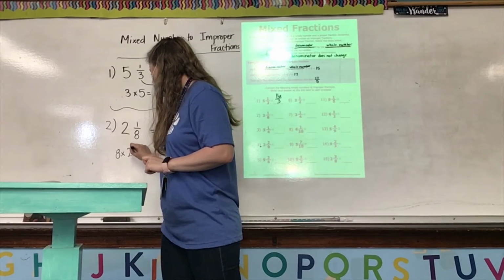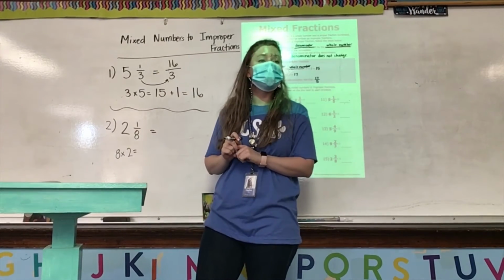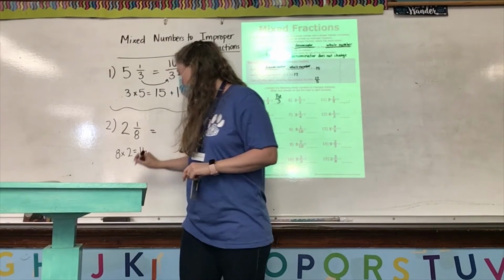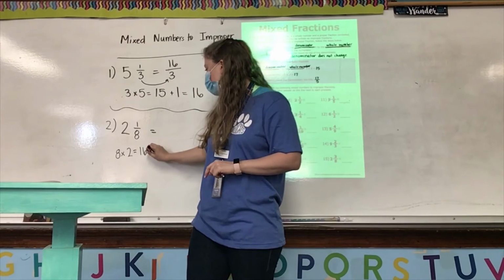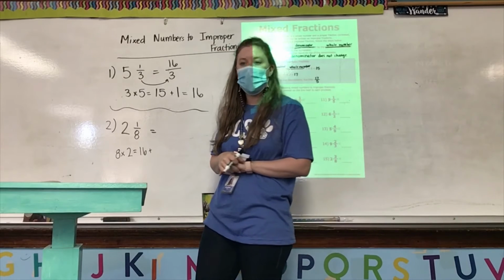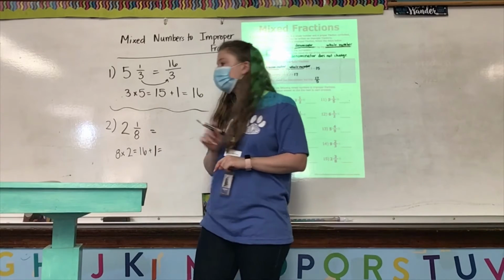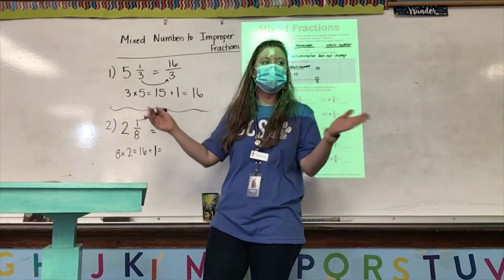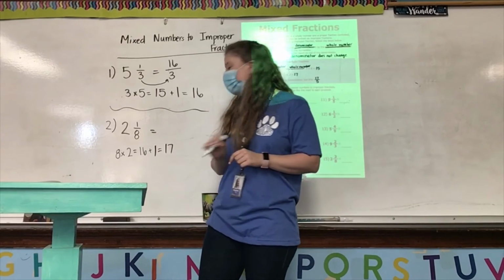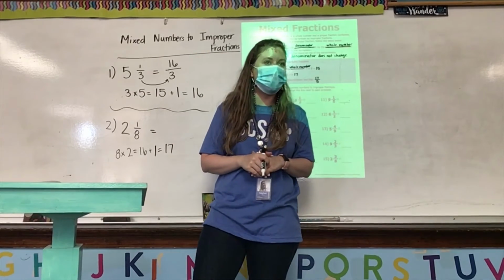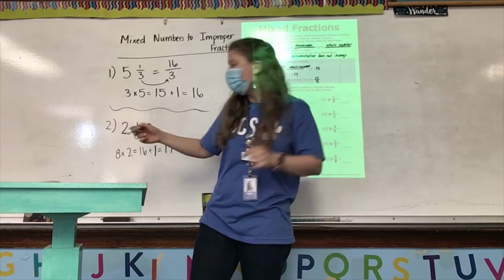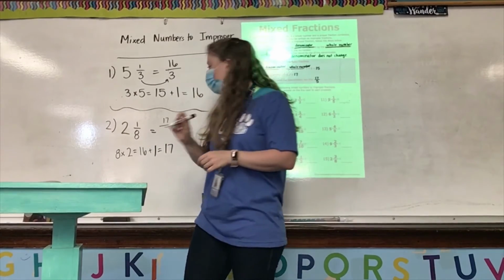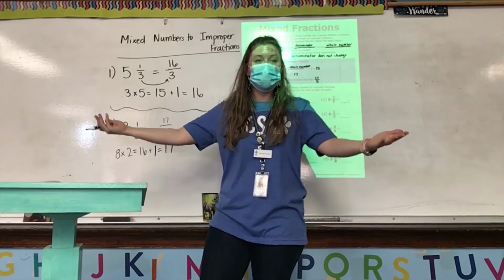Step 2. 8 times 2 is what, class? 16. Step 2. We add the numerator, which is what, class? 1. 16 plus 1 is? 17. Step 3. 17 is now our? Numerator. And our denominator is? 8.